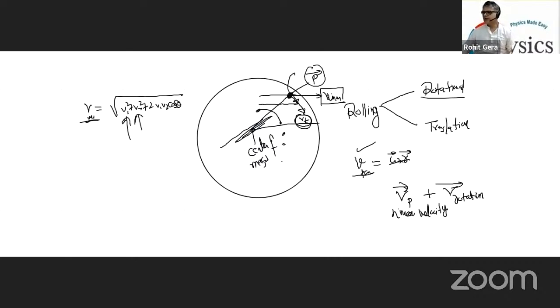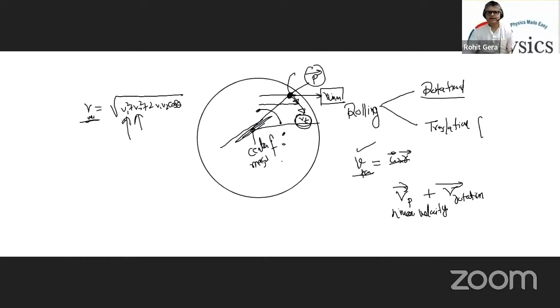Okay. And similarly, since you are having a linear motion, you can also have a linear acceleration. You can have a situation where this particular point accelerates linearly and therefore it may have a linear acceleration due to translation, because you're increasing the velocity of the vehicle or your bicycle by pedaling more.